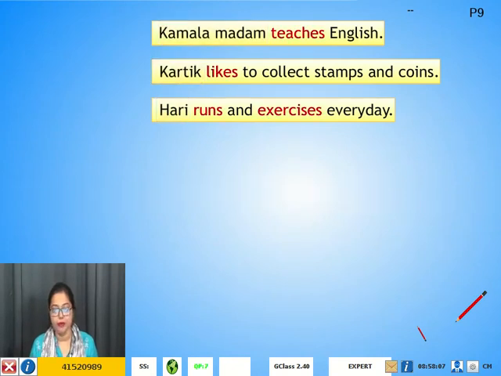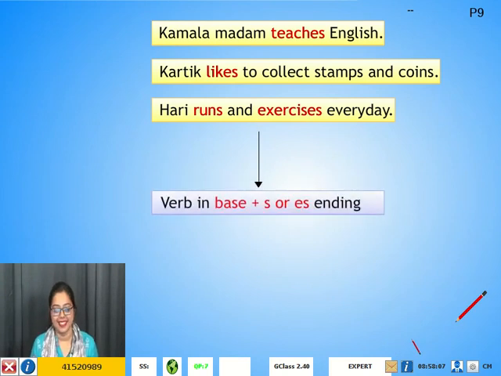Look at the verbs: when the verb is in the B1 form, that is the base form, S or ES is attached. So teach becomes teaches, like becomes likes, run becomes runs, exercise becomes exercises. I hope till here it's clear.